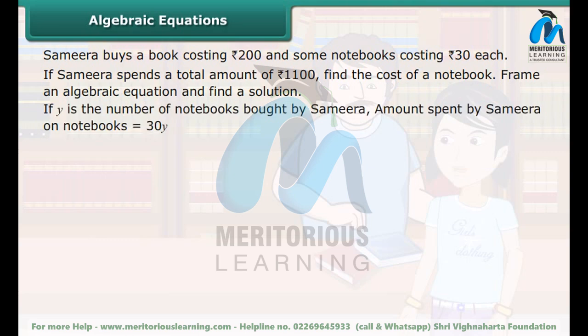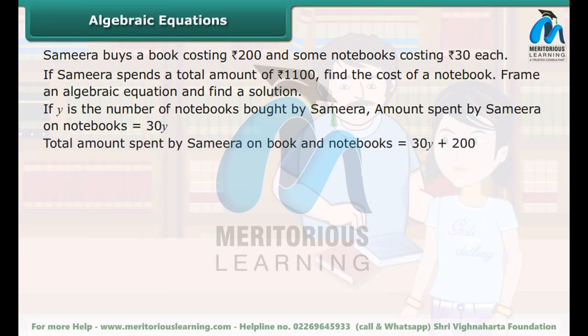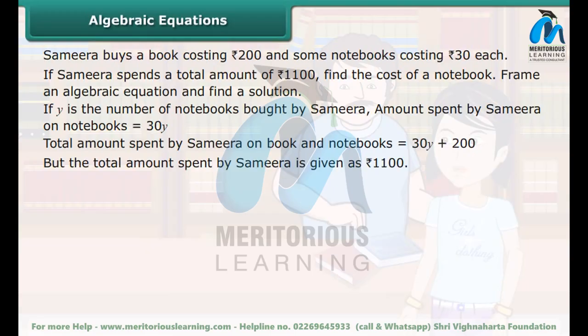If y is the number of notebooks bought by Samira, amount spent by Samira on notebooks is equal to 30y. Total amount spent by Samira on book and notebooks is equal to 30y + 200, but the total amount spent by Samira is given as 1100 rupees. Therefore, 30y + 200 = 1100.